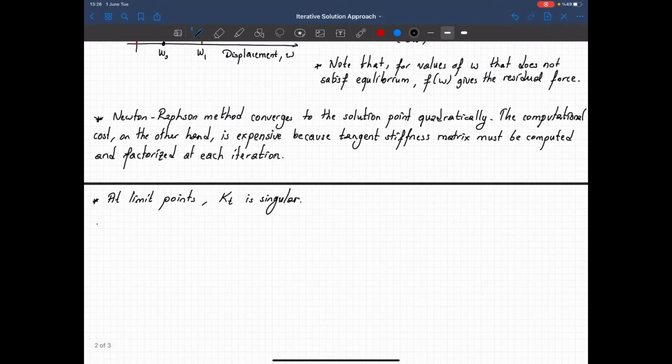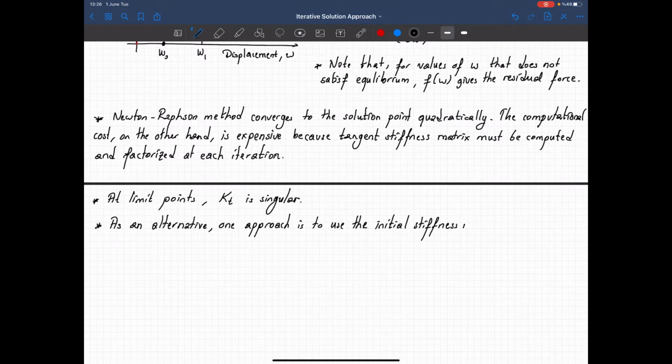Now, as an alternative, one approach is to use the initial stiffness matrix, factorize it once and use it during the iterations.